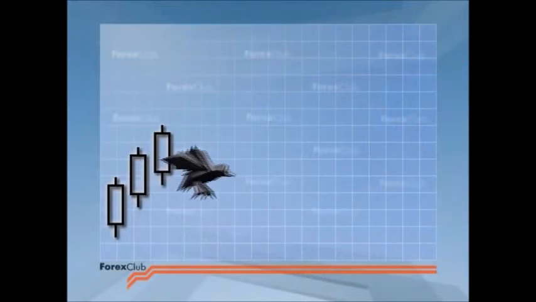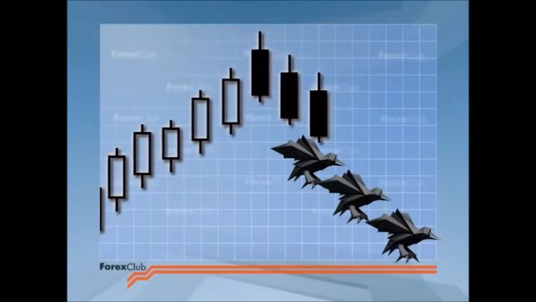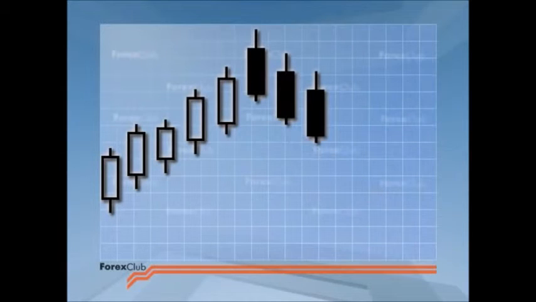Our final reversal patterns of today are very reliable 3 candlestick patterns. 3 black crows tells us that an uptrend is near to an end. These 3 long black candlesticks need to close at or very near to their lows, therefore they should have no or almost no lower shadows.